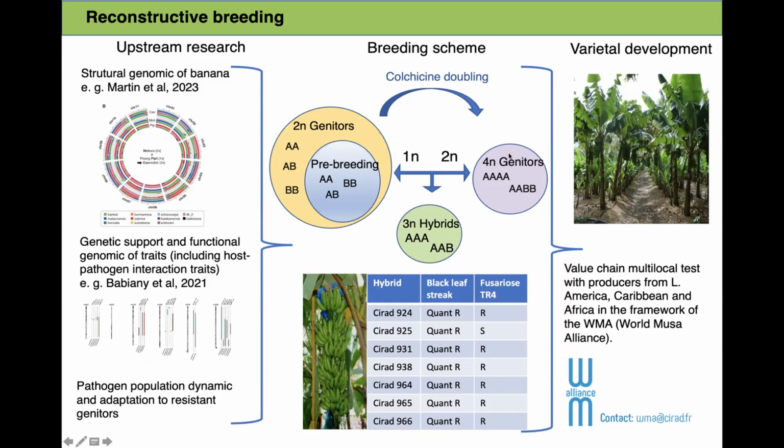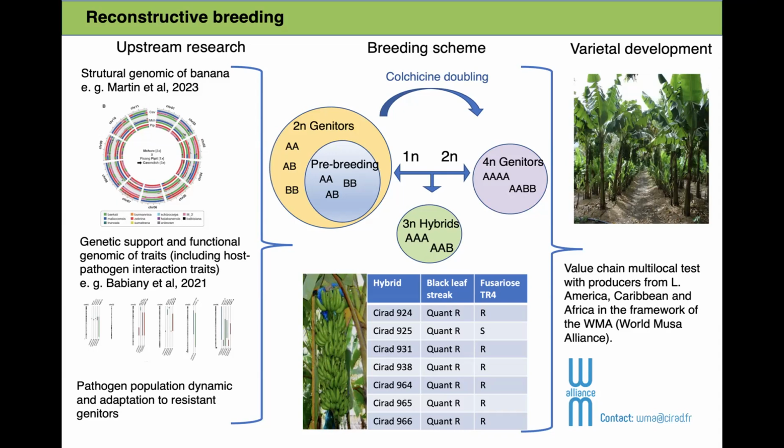Upstream of this scheme, we are conducting some research. First, we study the structural genomics of banana, as Nabila presented, in order to orient the breeding process, maybe in the pre-breeding phase. We also conduct studies in functional genomics to elucidate the genetic support of traits, including host-pathogen interaction, with the objective of helping the selection during the process.